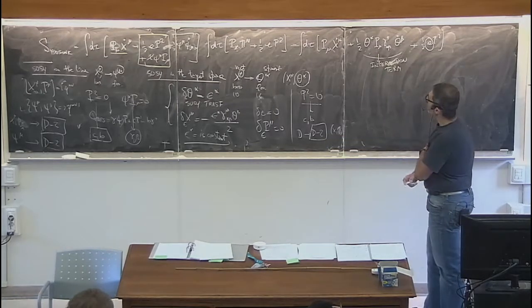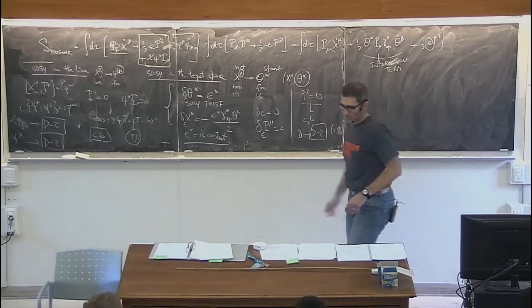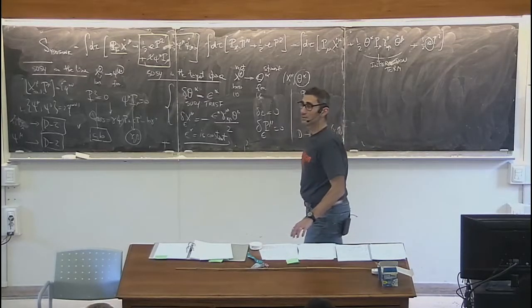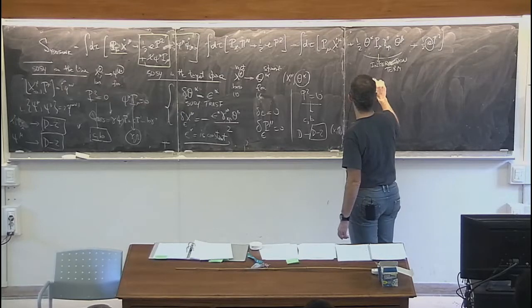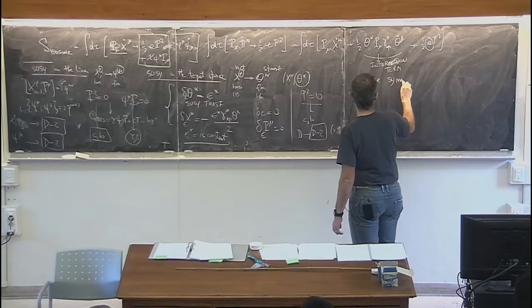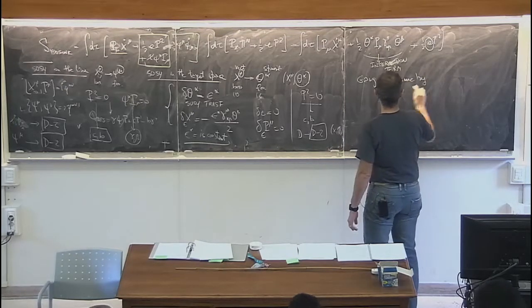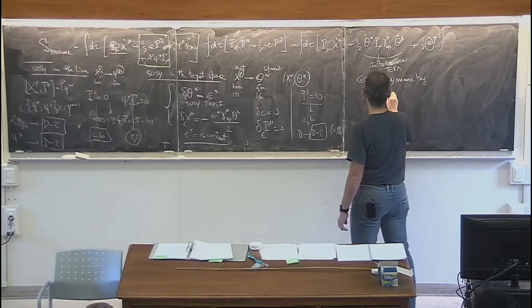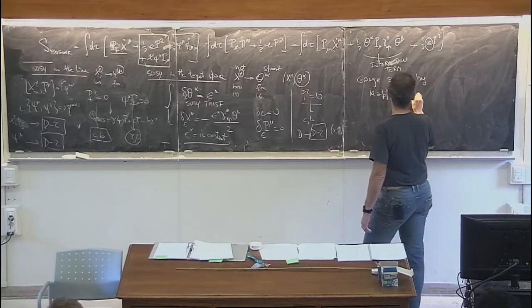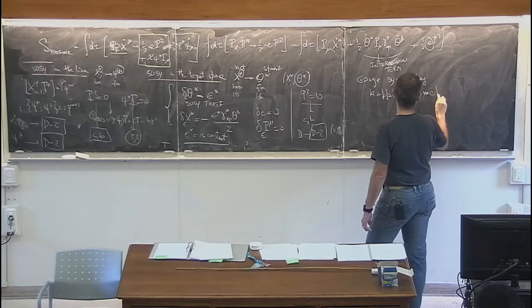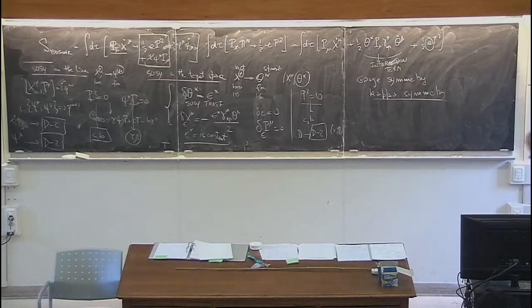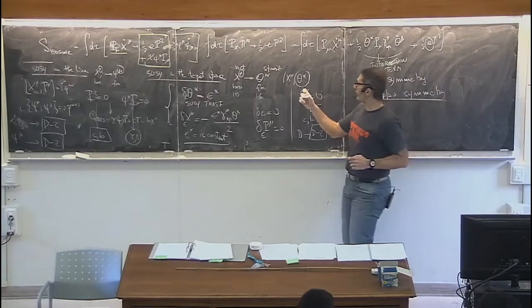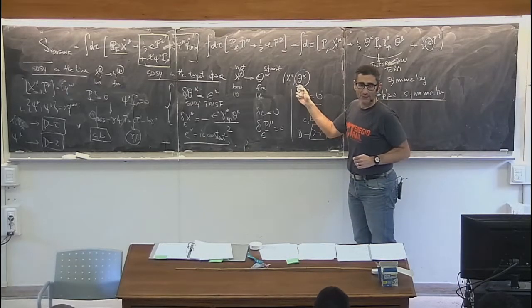However, this action has a beautiful symmetry. There is a new gauge symmetry, which is called kappa symmetry, which allows me to remove half of the thetas.